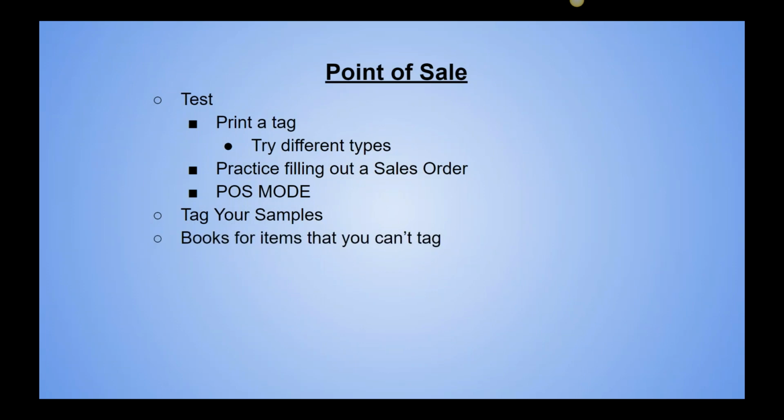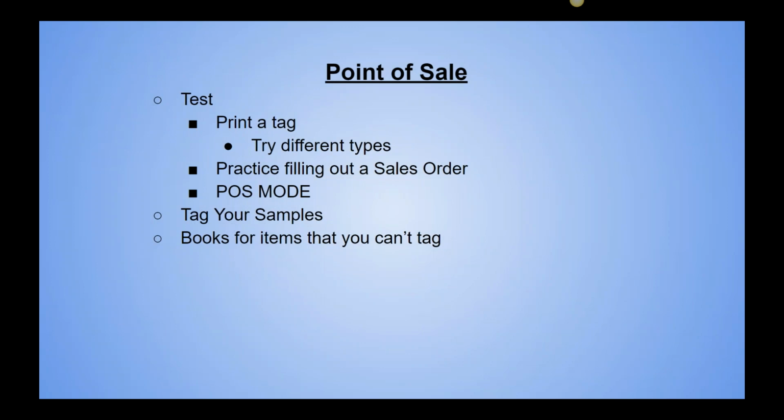Things that you can't put a barcode on, because maybe you don't actually have the sample there, or the type of product is too small for the 4x1 labels that we have. There's not 1 inch of product that you can put on there. For those kinds of things, I think you've seen this at Home Depot and stuff, where they will have books with SKUs in them, with just a bunch of products and the names and all that kind of stuff.